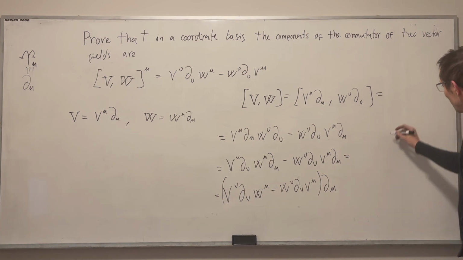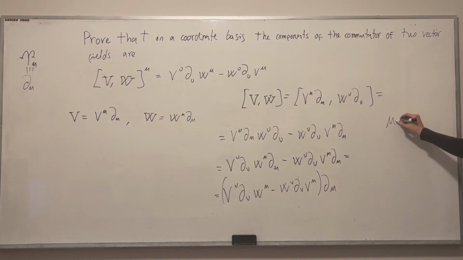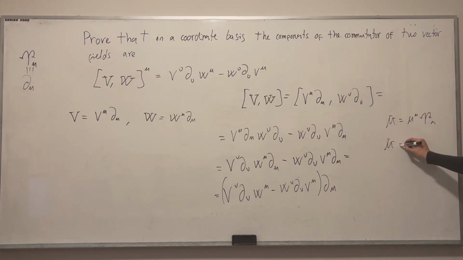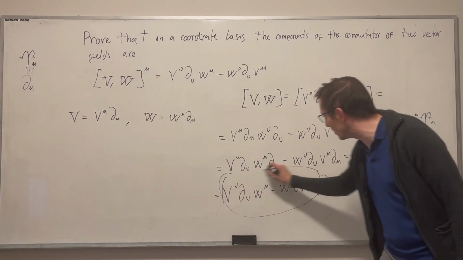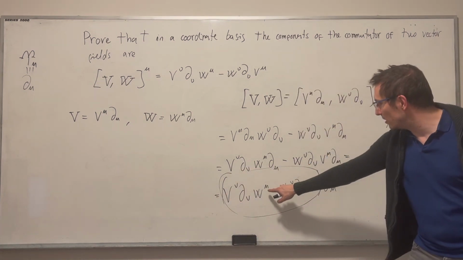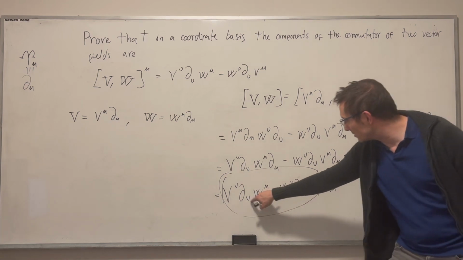Remember that any vector, let me call it u, you can write as u^μ times the basis elements. If you write it in terms of partial derivatives, it is a coordinate basis, and these are the components. How many labels are there in that object? Only one, μ, because the other two are contracted.